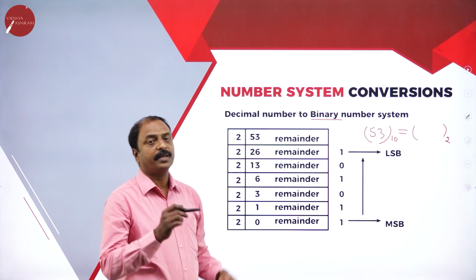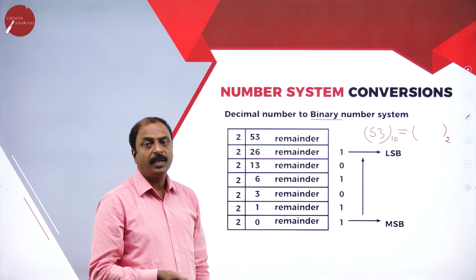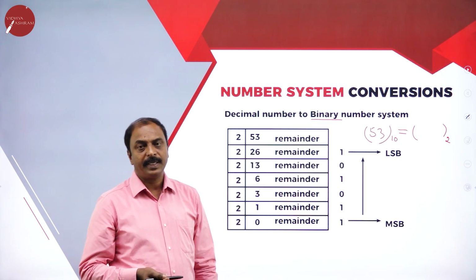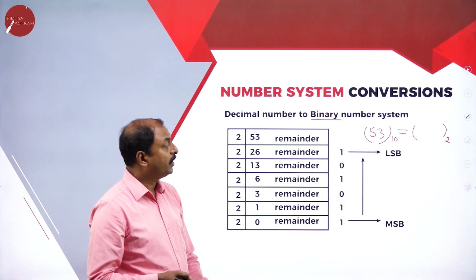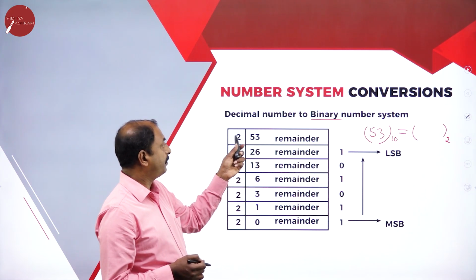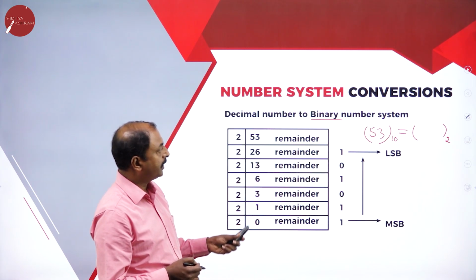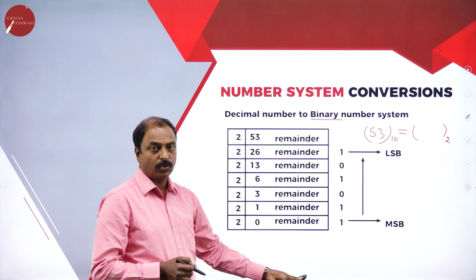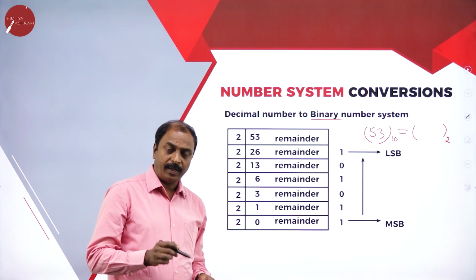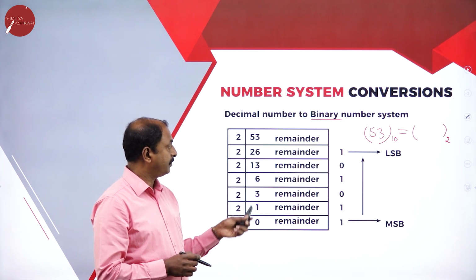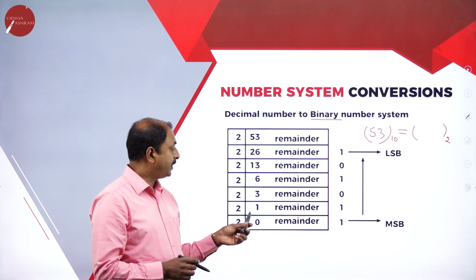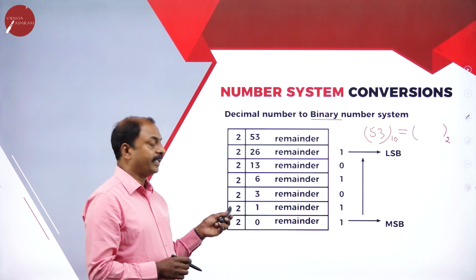Because we are converting this into binary number system, where the base, the radix, is 2, we divide the given decimal number by 2 and keep storing the remainder. We divide these numbers as long as the quotient is not less than the base.